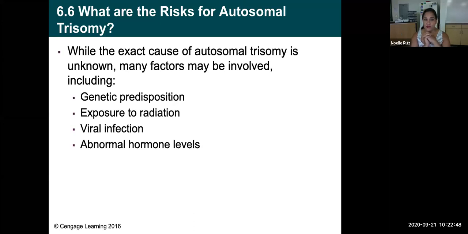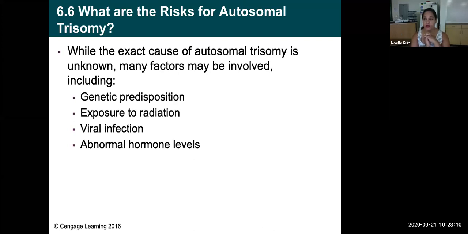What are the risks? Well, the exact cause of autosomal trisomy is unknown. Many factors may be involved. Some families have a genetic predisposition, it's just in their genes to be passed down. Exposure to radiation can cause it. Viral infection can cause it sometimes, if there's a viral infection in the mother.